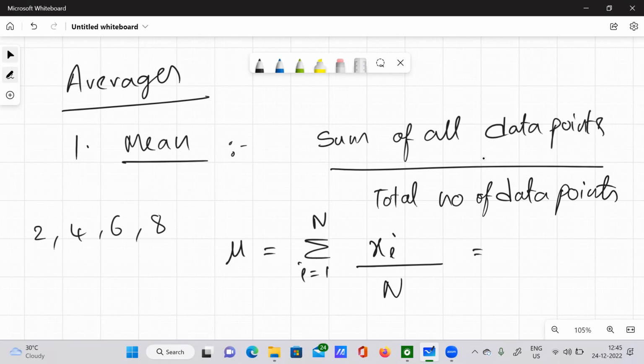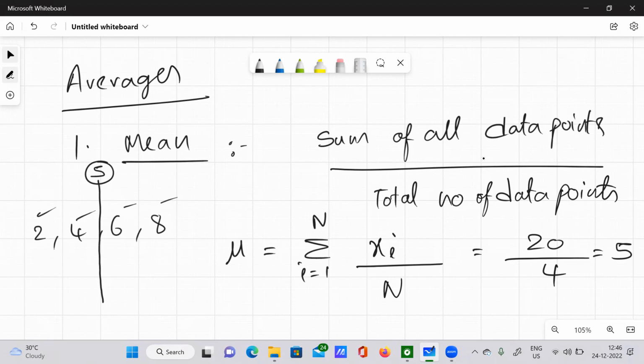So you can say 20 divided by the total number of data points. How many are there? 1, 2, 3, 4. So it is 4. If you do the calculation, you will get the mean as 5. This lies at the number 5, right? So this would be your mean. This is the mathematical way of computing the mean.